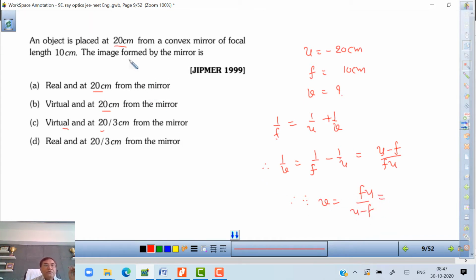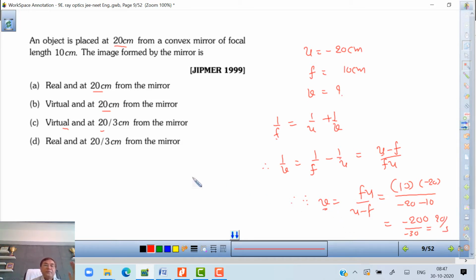So you put all these values: f is equal to 10 and u is equal to minus 20. So this is 200 divided by 30. This negative sign, so 20 by 3, and it is positive.